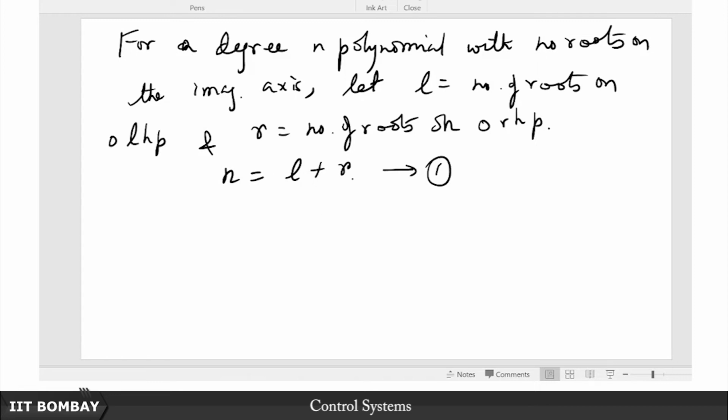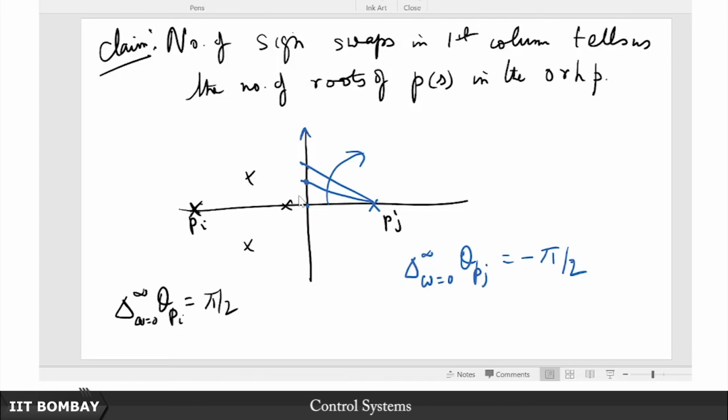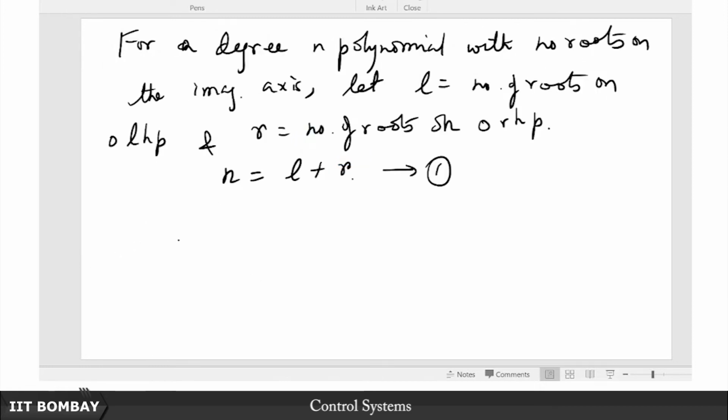The second thing I deduce is that if it was a polynomial with all its roots on the open left half plane, then the total phase change we have seen is n pi by 2. But now what is it going to be? Let us say the degree n polynomial is P(s). Consider the total phase change as omega goes from 0 to infinity for P(j omega).